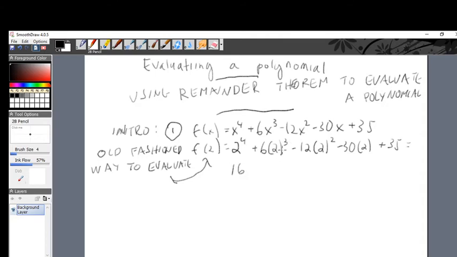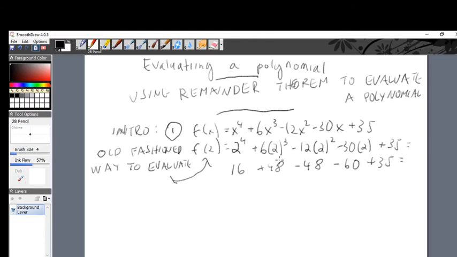2 to the 3rd is 8. 6 times 8 is 48. 2 to the 2nd is 4, and 4 times 12 is 48, so it's minus 48. And minus 30 times 2 is minus 60, plus 35.